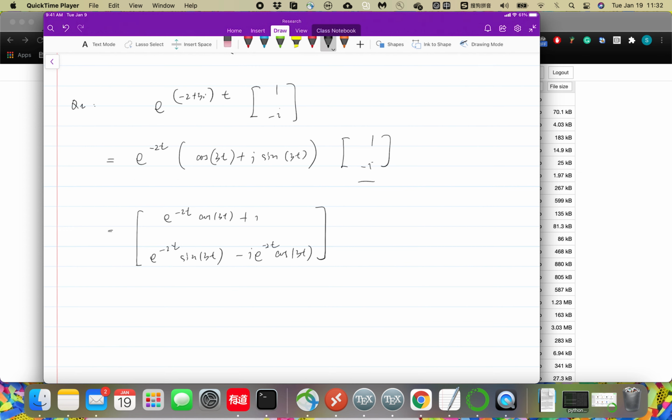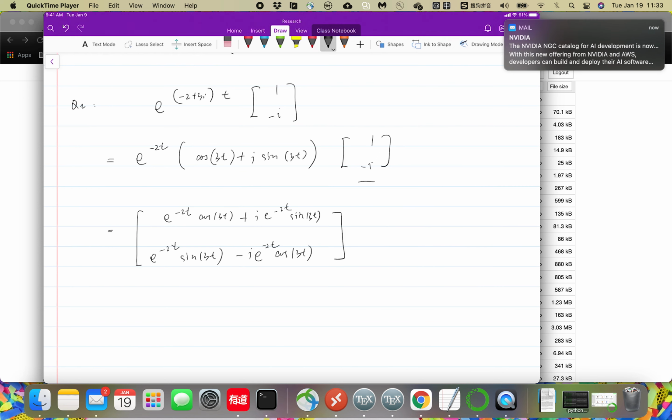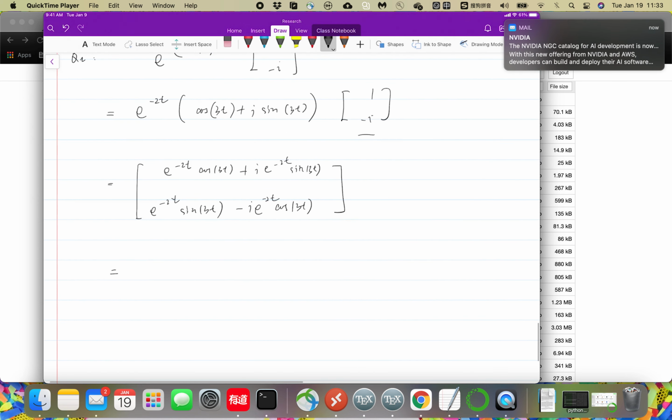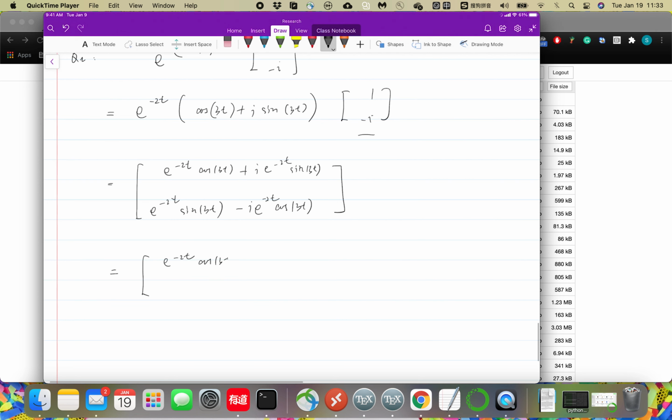If I want to expand it, it's going to be this. Okay. So now what do we do? We can actually write them out into two parts. That is the real part, which we got from a complex times a complex.